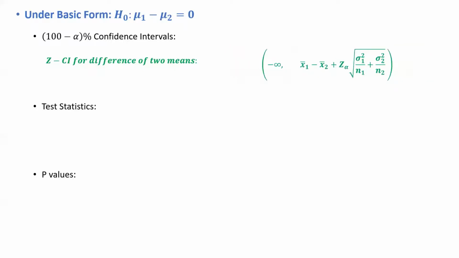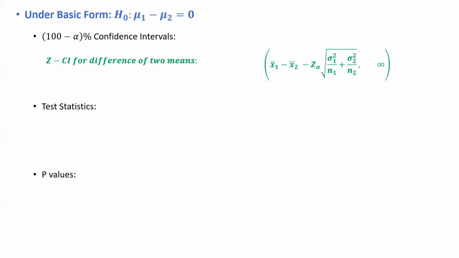Alright, if your alternative is right-sided, i.e. if H1 is of the form mu1 is greater than mu2, then you will need an upper confidence interval. Once again, the testing procedure stays the same. See if 0 is inside of the confidence interval. If it does, accept the null hypothesis. Otherwise, reject the null hypothesis.